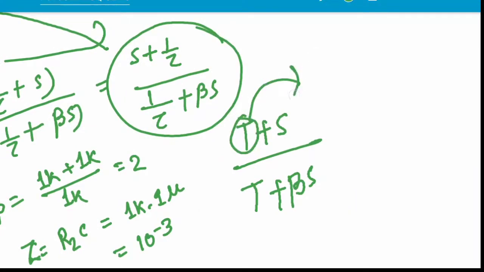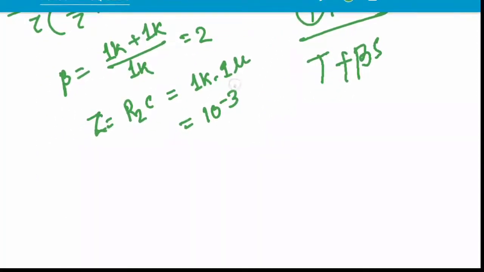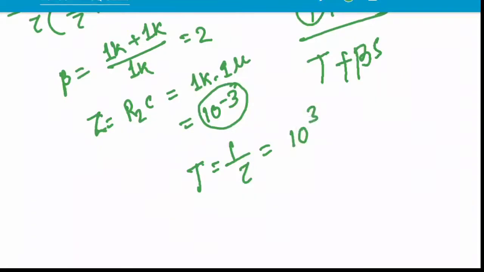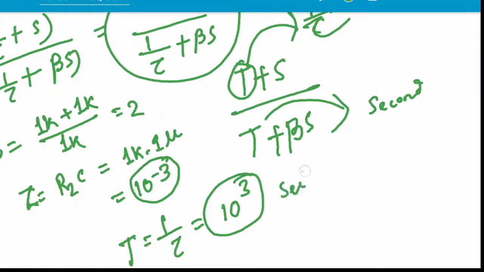T is 1 by tau. So here tau we are getting 10 to the power minus 3, and T will be 1 by tau, that is 10 to the power 3. Tau is the time constant and has unit second, so T will have second inverse.